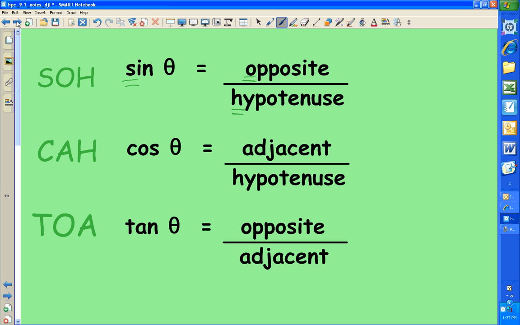It's the mnemonic to remember the trig ratios. It comes from the first letter. Sine is opposite over hypotenuse. Cosine, adjacent over hypotenuse. Tangent, opposite over adjacent. Okay, big 3.